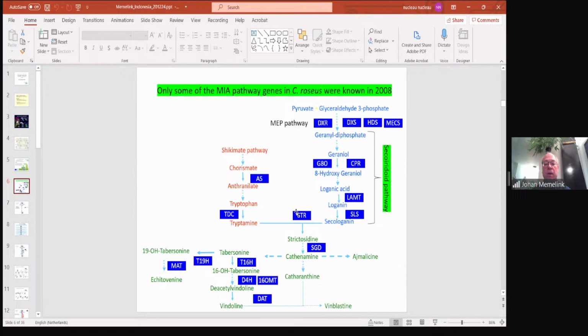So these are all the enzymes which were at the time really in the pathway. This is actually a precursor pathway, in the top the MEP pathway, and at the left you also see the shikimate pathway, which is also a precursor pathway. So in the pathway itself, about 15 enzymes were known at the time.